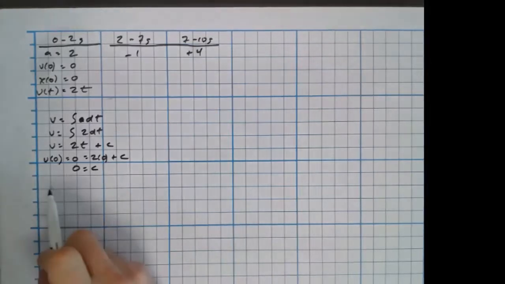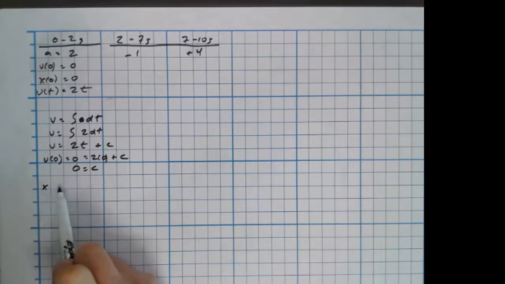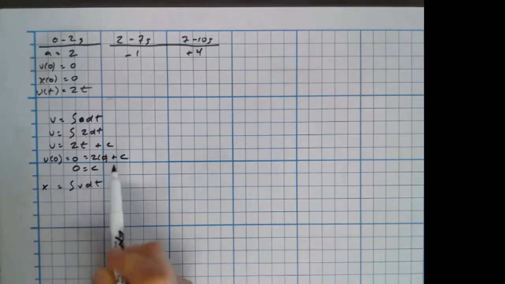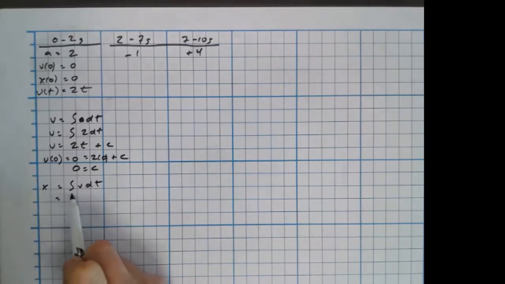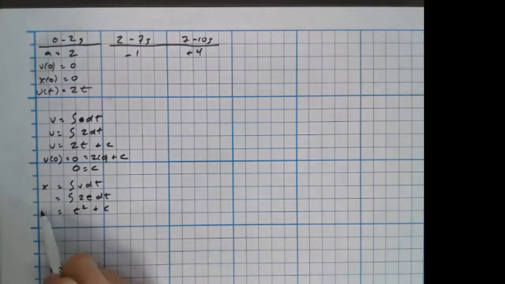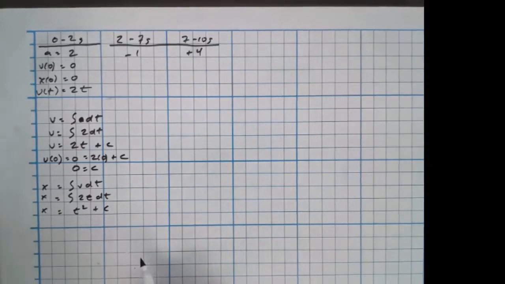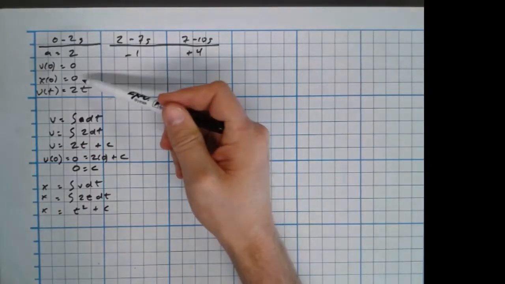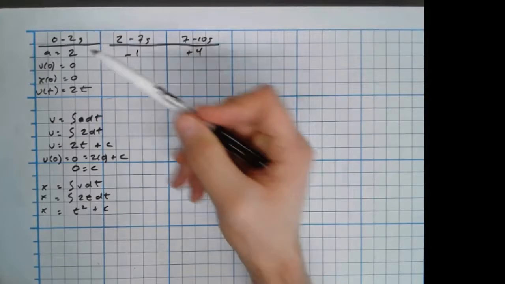Simple. Okay, now I want to do the position function. So x, the position function, is the integral of v dt. That's the integral of 2t dt. That's t squared plus a constant. Okay, well, to figure out what that constant is, I need to plug in a boundary condition. The boundary condition is that at time 0, the position started at 0.